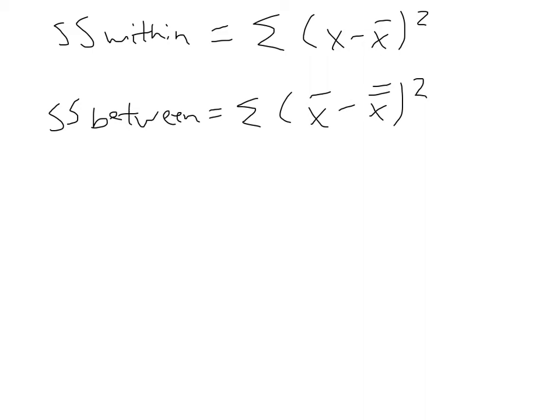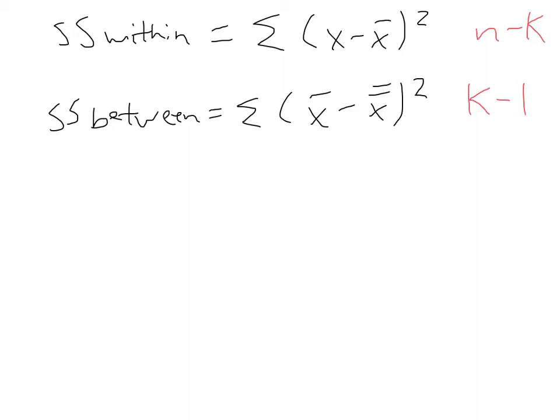Okay, so for each case, the degrees of freedom, the first one is n minus k, where k is your number of groups and n is your total number. And for the second one, we have k minus 1. Again, k is your number of groups.